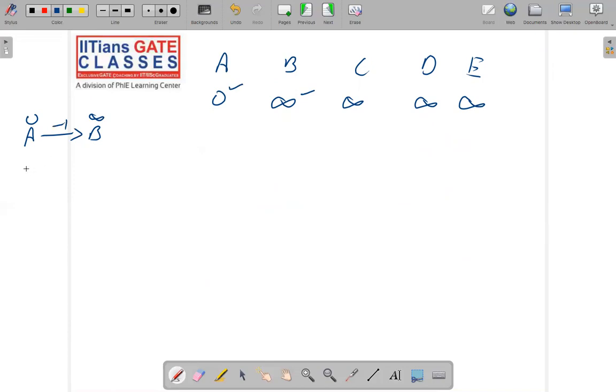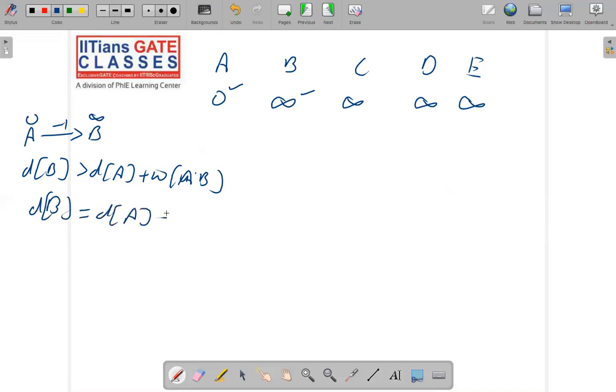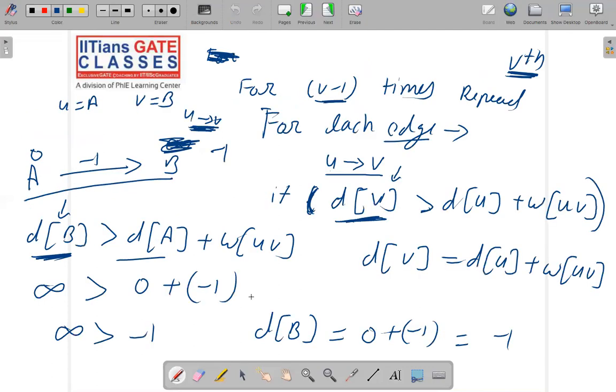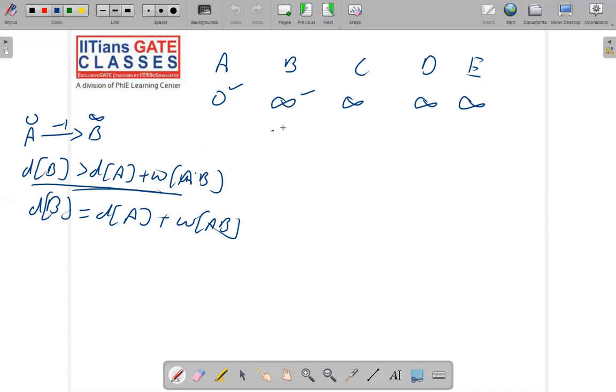The condition says that if D of B is greater than D of A plus edge weight of AB, then update it like this: D of B equals D of A plus edge weight. This is satisfied, as we have already seen in the previous example. So we initialize B to minus 1.